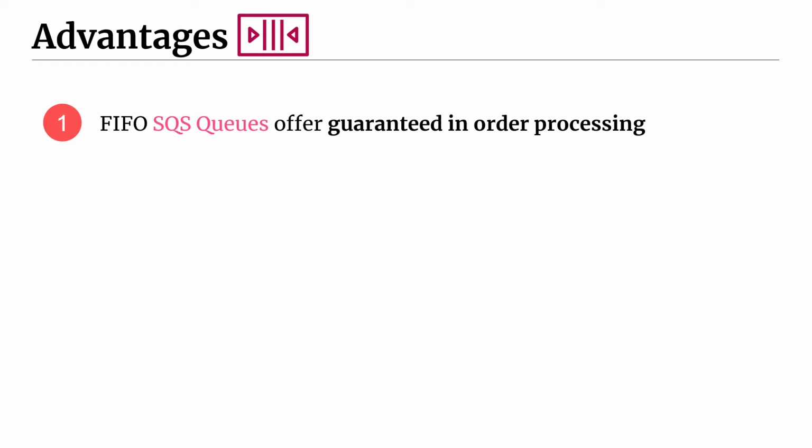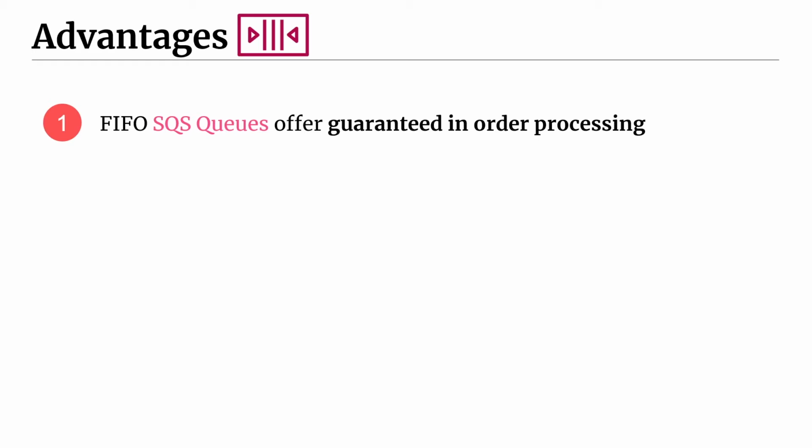So what that means is that when you put a message into a queue, or a sequence of messages, say message 1, message 2, message 3, you are always going to receive those messages when you attempt to process them in the exact same order that you put them in. So you'll receive message 1 first, then message 2, then message 3. This is not guaranteed with standard queues. They do attempt to preserve order, but there's no guarantee that this will occur. So you may get message 3 first, then message 1, then message 2.